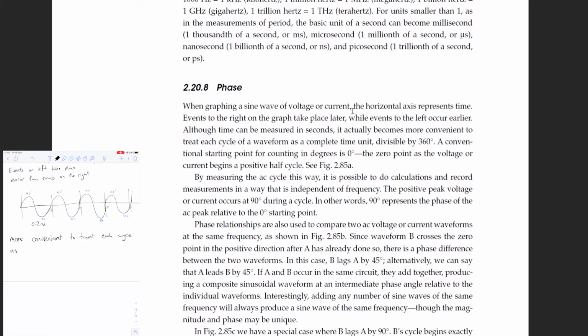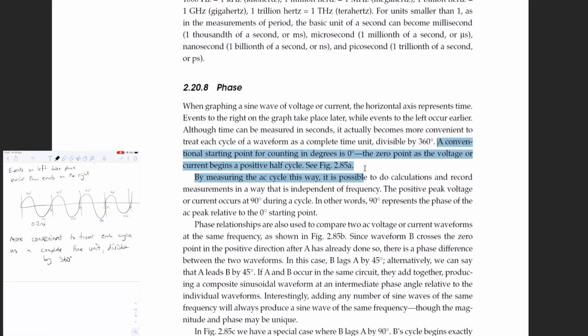More convenient to treat each cycle as a complete time unit, divisible by 360 degrees. Okay. Where am I? I keep losing where I am. I should probably use my mouse to know where I am.